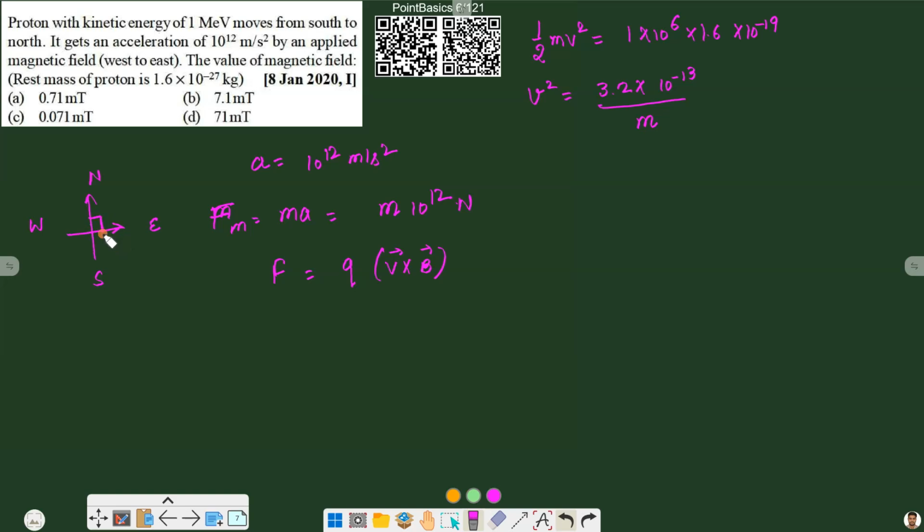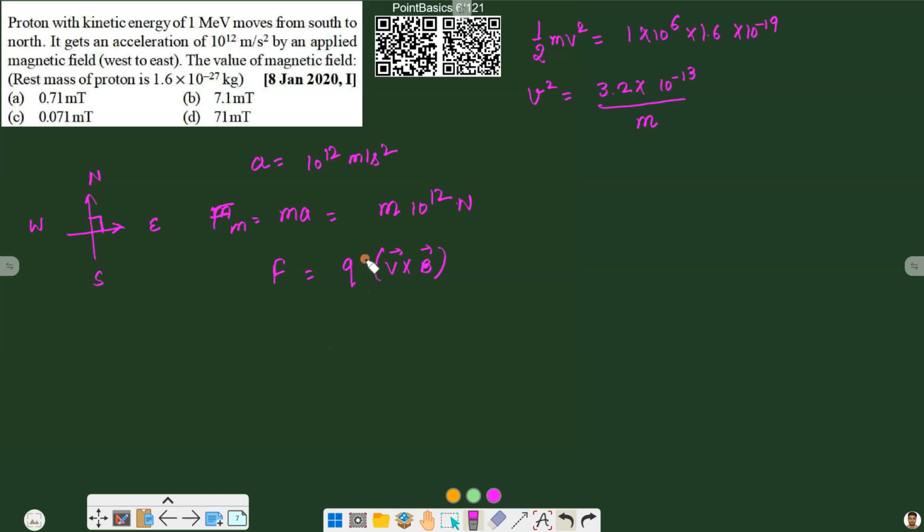Assuming that our field is applied at 90 degree with respect to velocity, and there is no component of velocity parallel to the magnetic field. The velocity is perpendicular to the magnetic field. That is the assumption we are taking here.